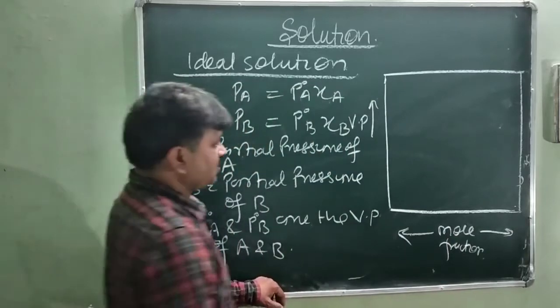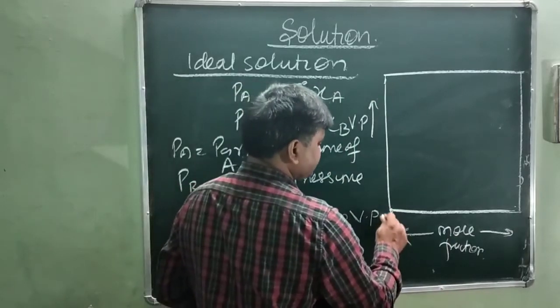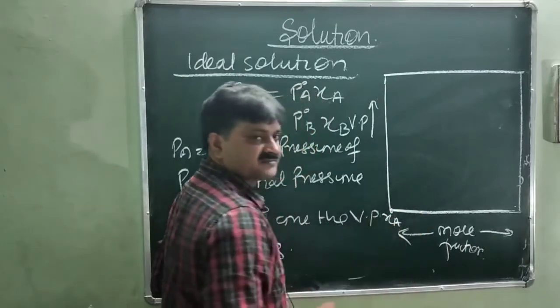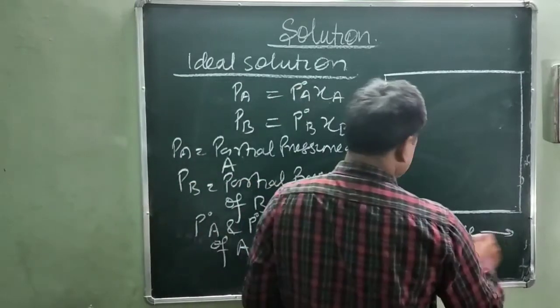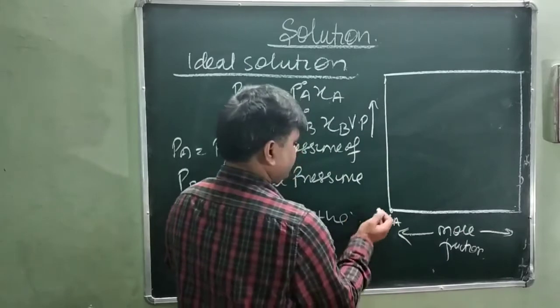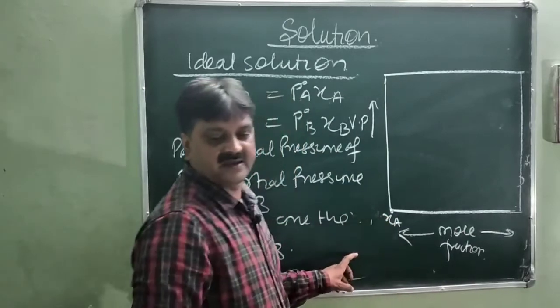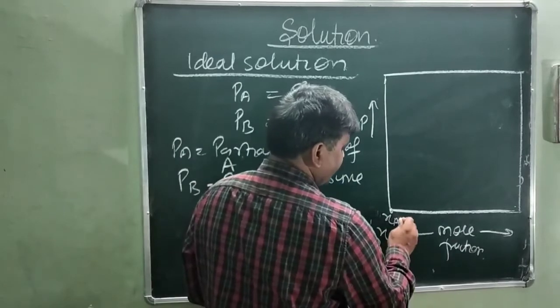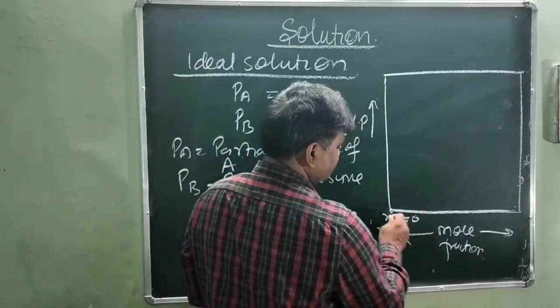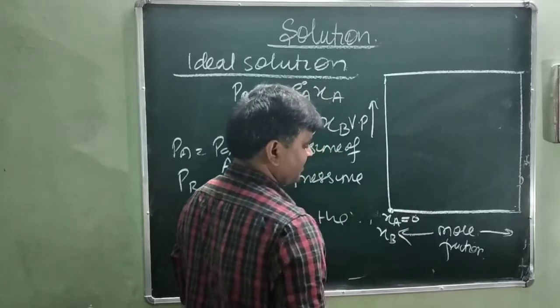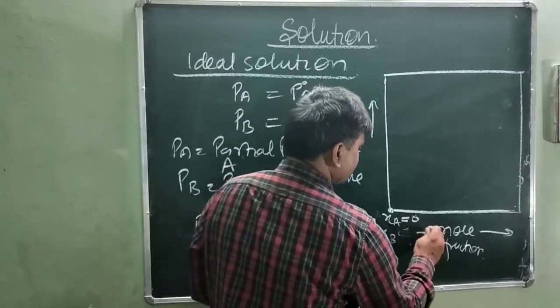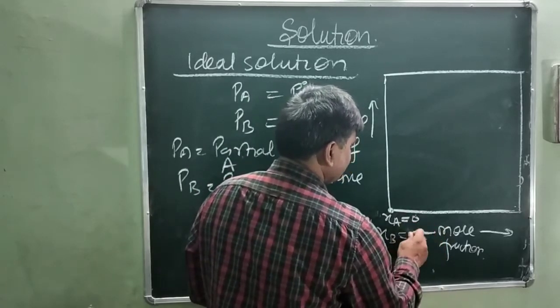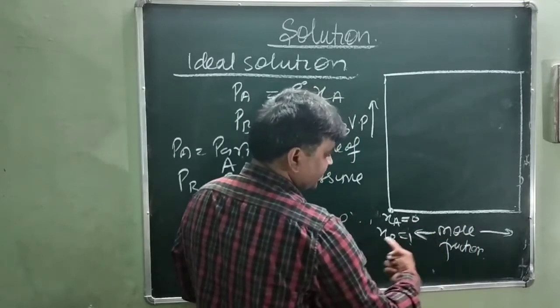Is that clear? You will see here this is the concentration of XA, the mole fraction of A, and this is XB. Here XA is taken as 0, meaning its concentration is 0 here, and XB is equal to 1 when it comes from this side.